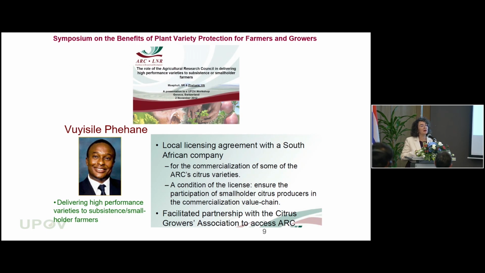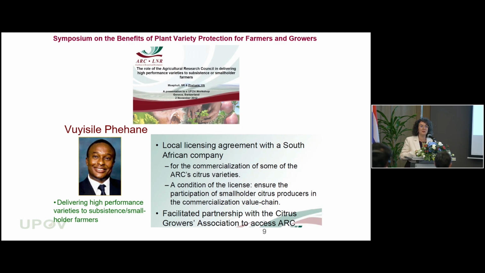But they can decide under which conditions those varieties are commercialized. They can decide the conditions of the license. They can decide different treatment for smallholder farmers than for middle and large farmers.